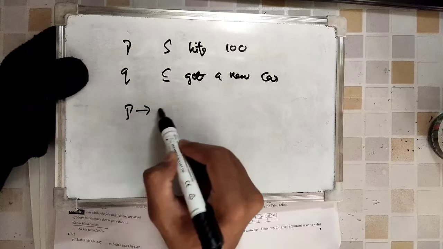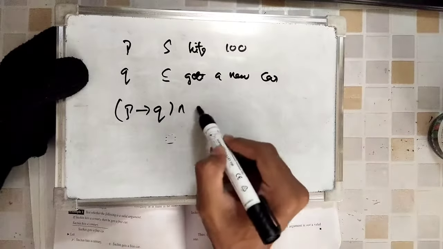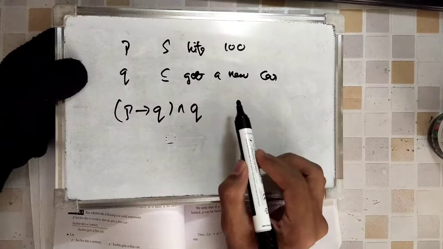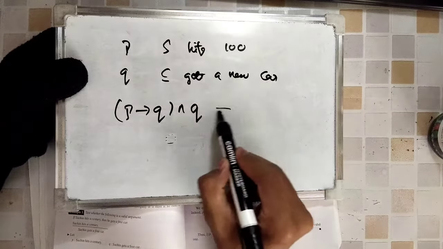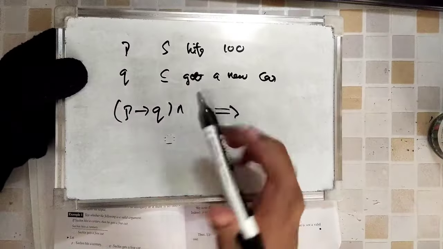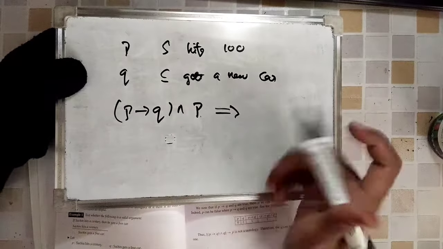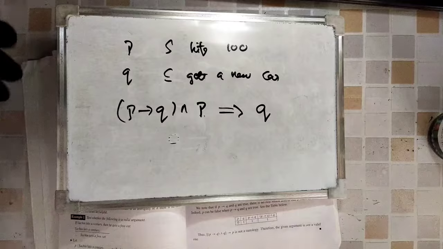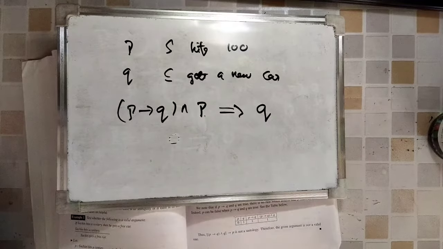So P implies Q and P should be logically equivalent to Q. See how we have these rules of inference.